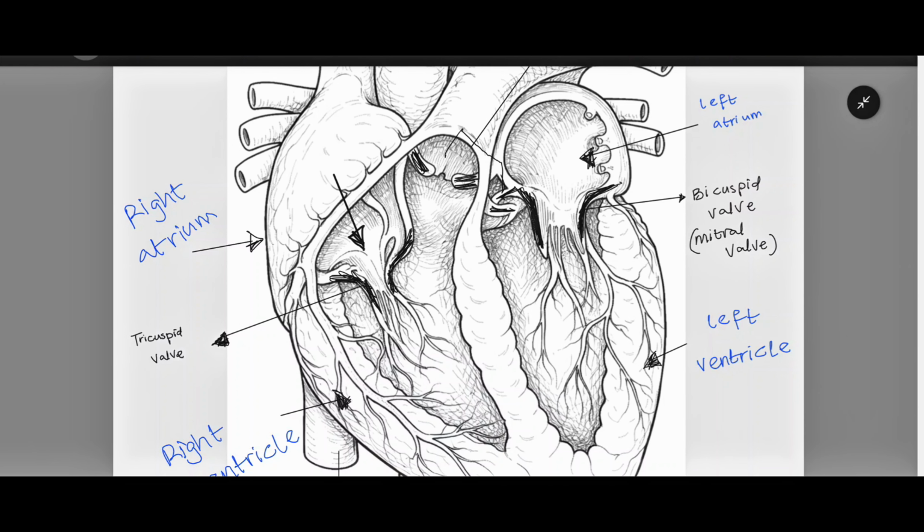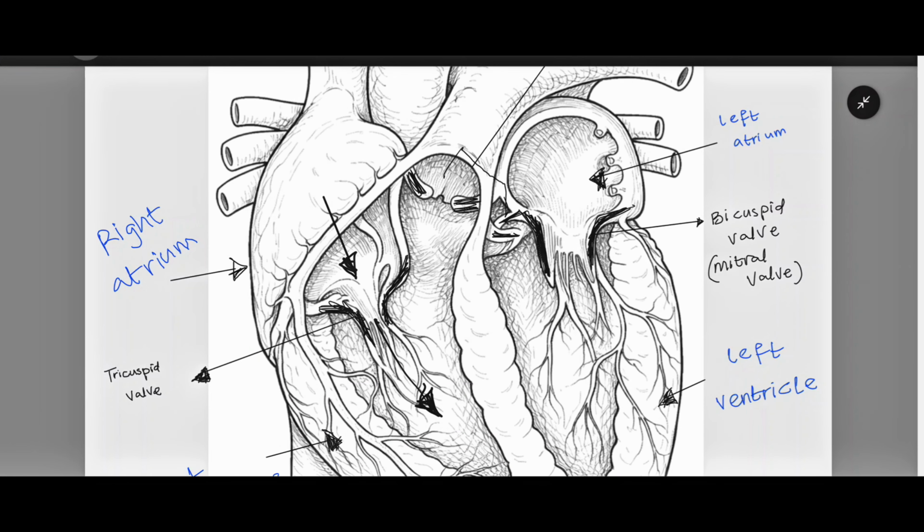So blood comes in from the body via the vena cava, then it enters the right atrium here, and then it moves from the right atrium, going past the tricuspid valve into the right ventricle here, and then from the right ventricle it moves out via the pulmonary artery, going past the semilunar valve.